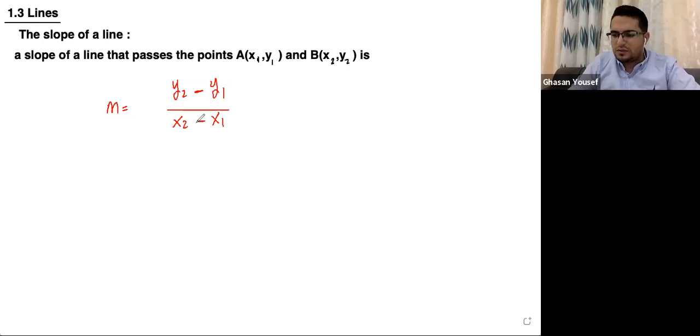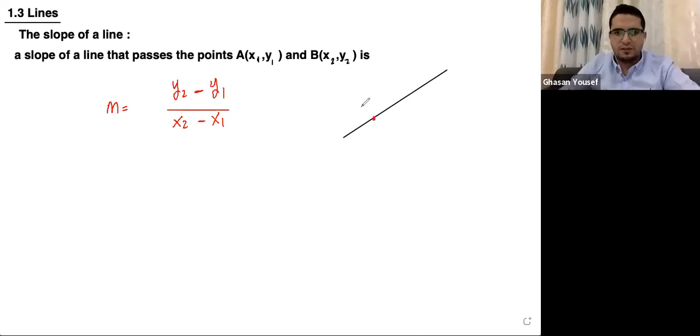Now I also give some brief about the slope of the vertical line. But first, suppose my line is something like this. This is my line, and this line has 2 points.